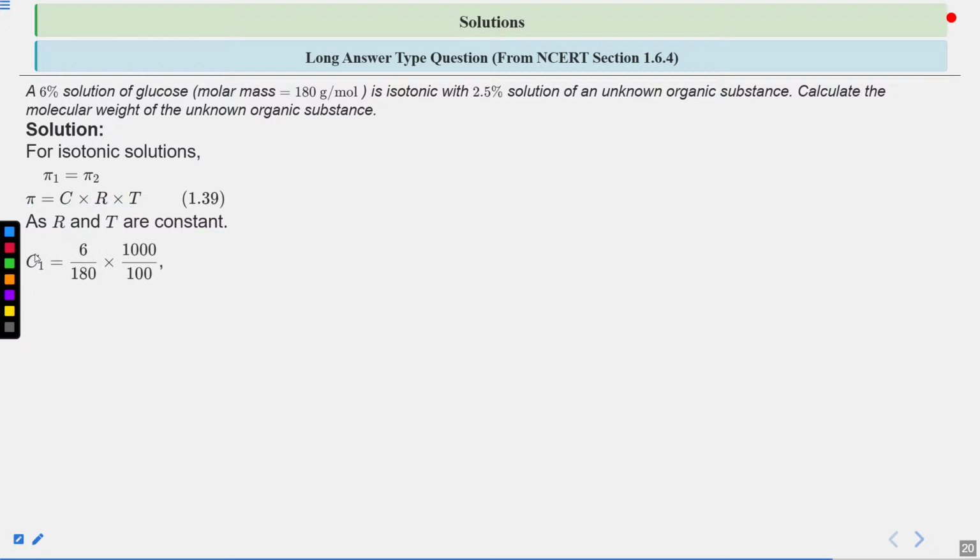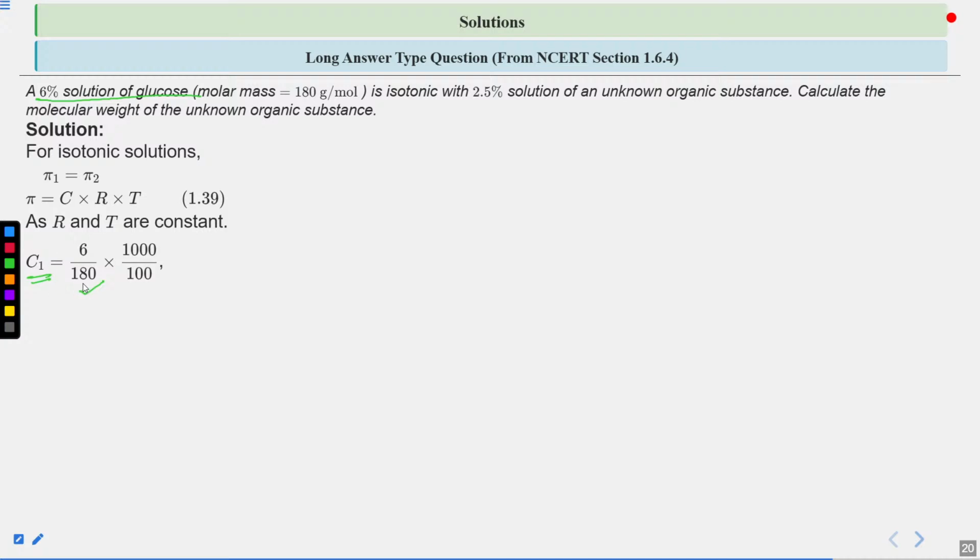So C1, the concentration of the first solution, is given as a 6% solution of glucose. 6% solution of glucose means 6 divided by 180 multiplied by 1000 divided by 100. Now how do you do this?